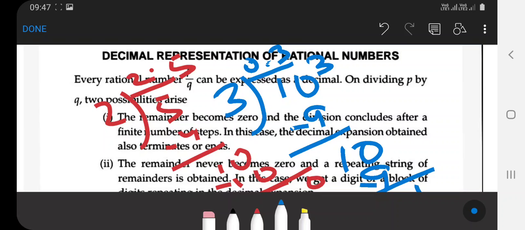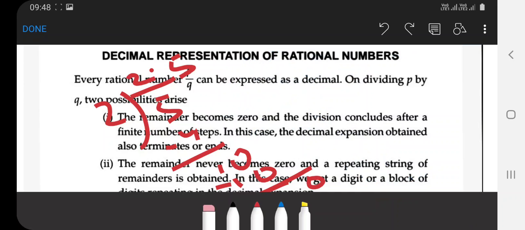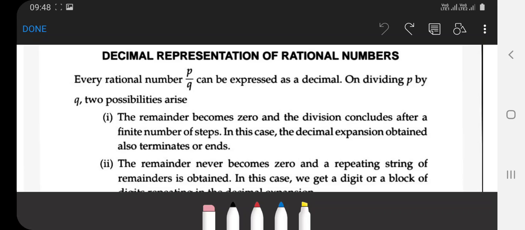You can divide infinitely many times, but in this case it always gives 1 as a remainder. So your answer is 0.33333 and so on. Clear, students? So it is a non-ending, non-terminating decimal. There are two types of decimal, terminating decimal and non-terminating decimal.